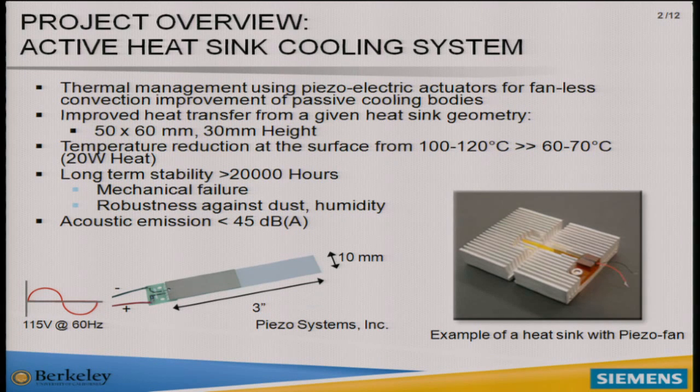These can vary in voltage, but typically they'll build these at about 115 volts, 60 hertz, so that you can plug these into the wall. And because the beam's resonant frequency is matched to your input signal, the beam resonates, and you end up having this huge displacement, up to about an inch or so, of this beam, and you have this flapping cooling action, which I'll show in a video that comes up.